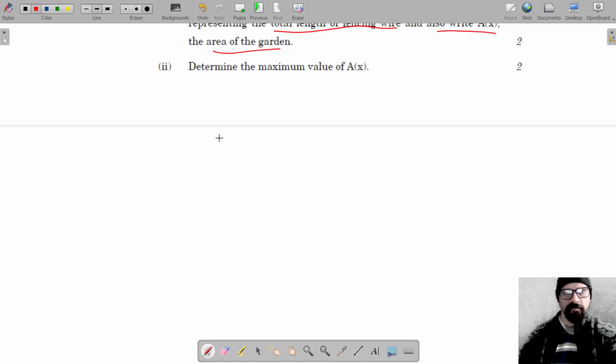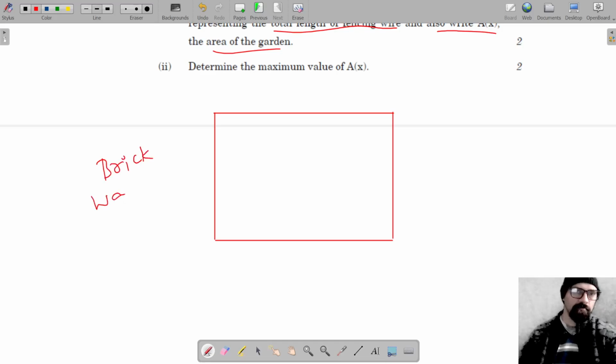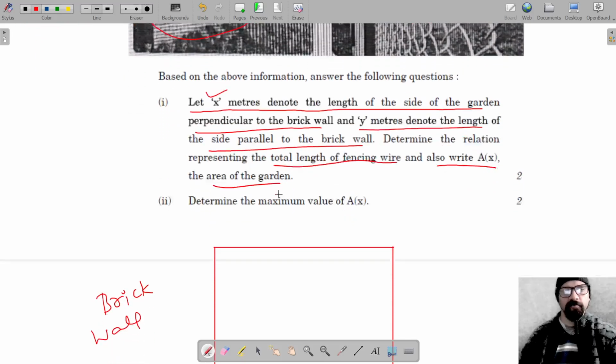Let's say this is a brick wall, and this is a rectangular garden. Now what is given to us is that X meter denotes the length of one side of the garden perpendicular to the brick wall.